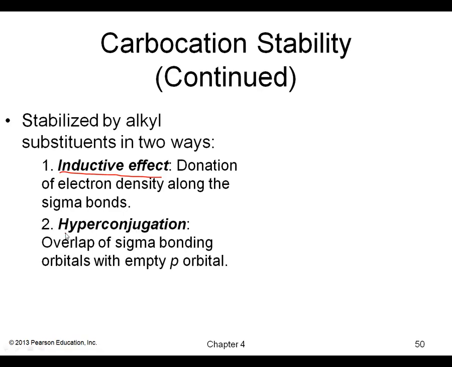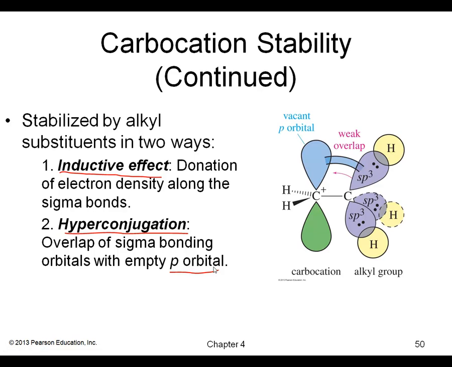And another reason is what's called hyperconjugation, where a sigma bond can overlap with the empty p orbital to help stabilize the p orbital. So here's an example of hyperconjugation, where you have a sigma bond weakly overlapping the p orbital to help stabilize it by giving some of its electron density to it.